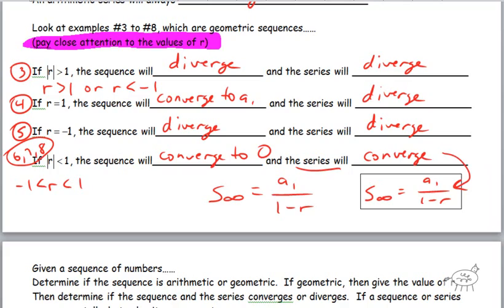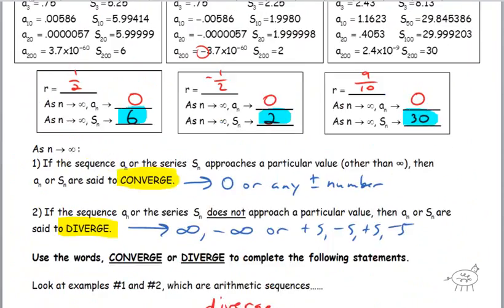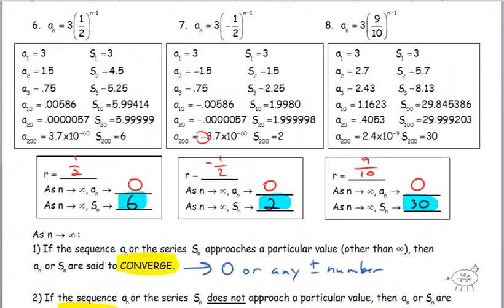Okay, let's just do one of them here. Let's look at number 8. S sub infinity equals a sub 1, which is 3, right? We put a 1 in there for n. 9/10 to the 0 power is 1, so it's 3 over 1 minus 9/10.